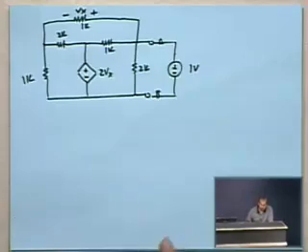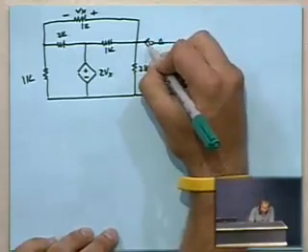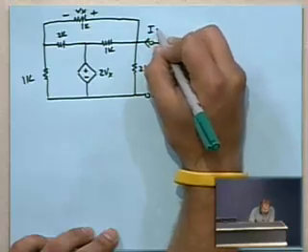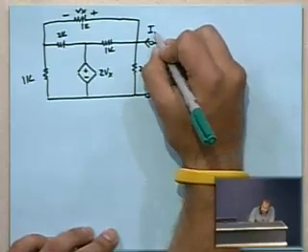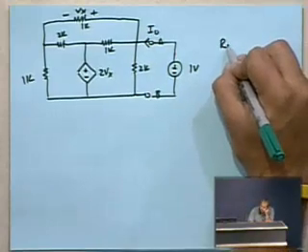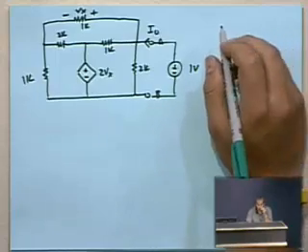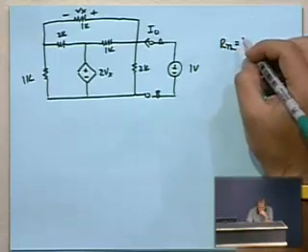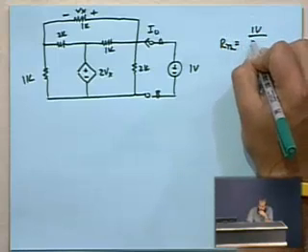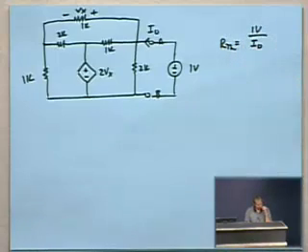And what we need to solve for is the current I0, that is flowing through that branch. When we want to find the Thevenin resistance, it's going to be 1 volt divided by whatever we solve for as the value of I0.